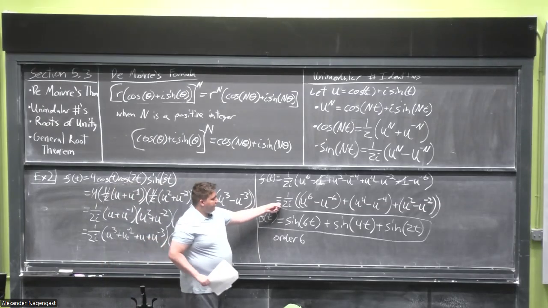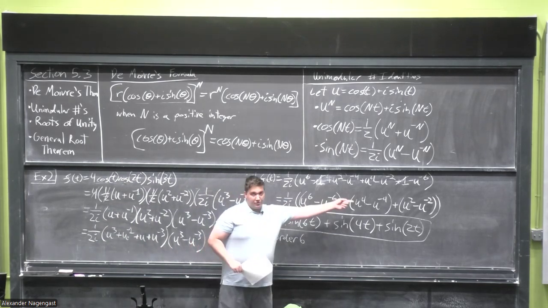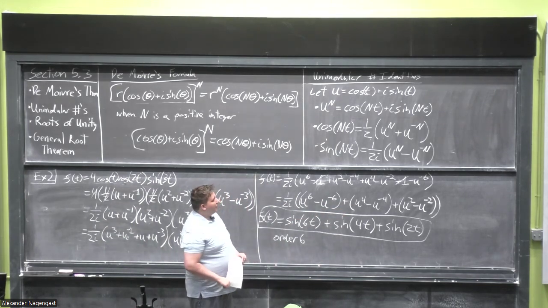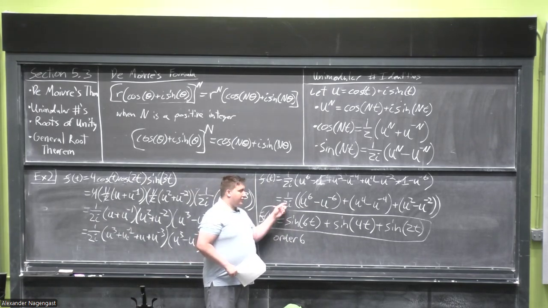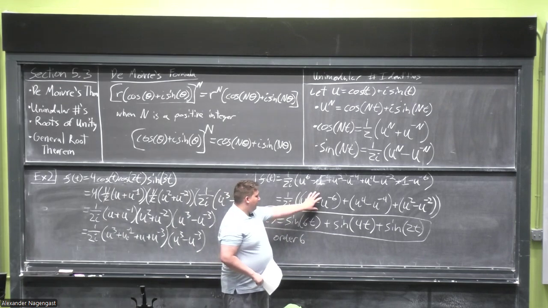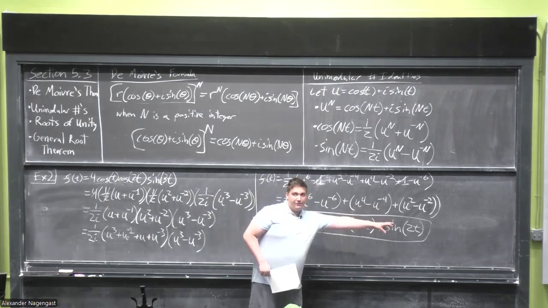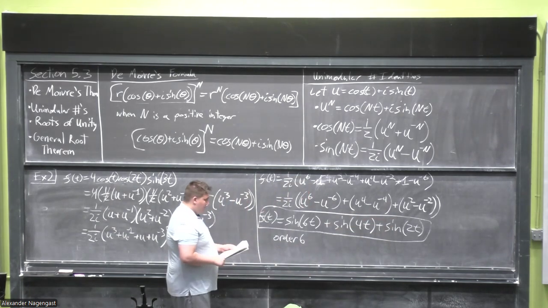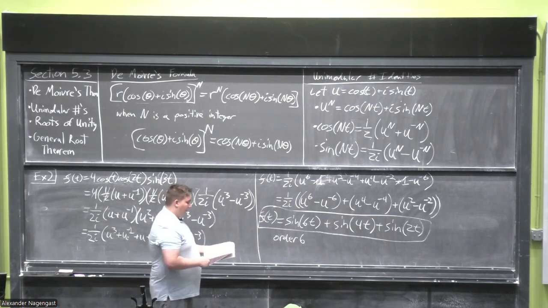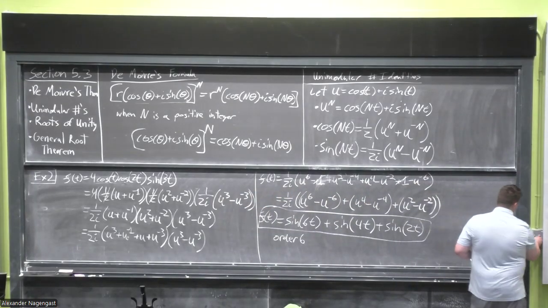I skipped the step of distributing this 1 over 2i to each grouping, but you can show that step, and it should be easy to see that this quantity reduces to sine of 6t, sine of 4t, and sine of 2t. Okay. So why do we care about this?